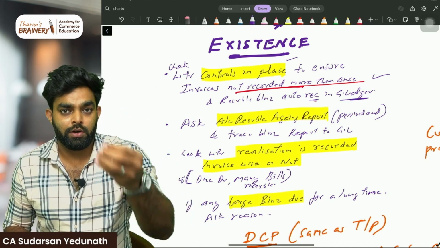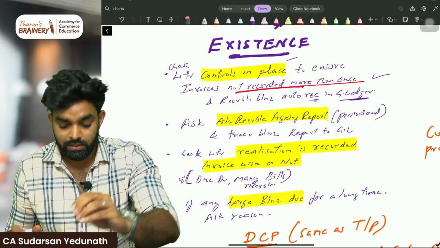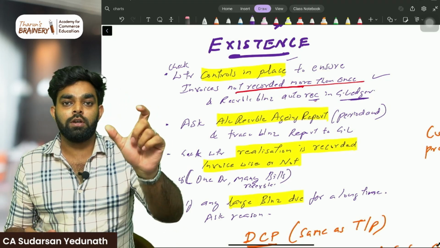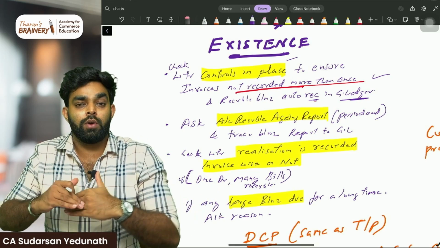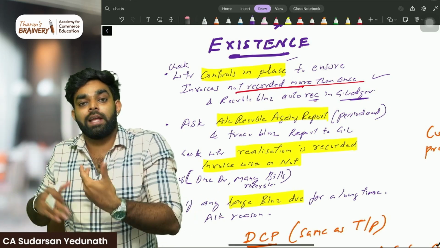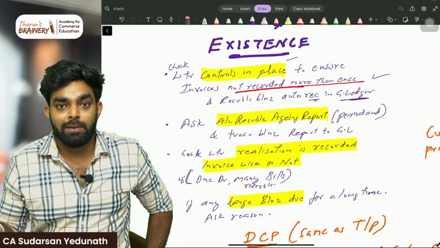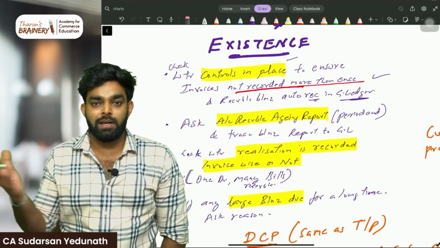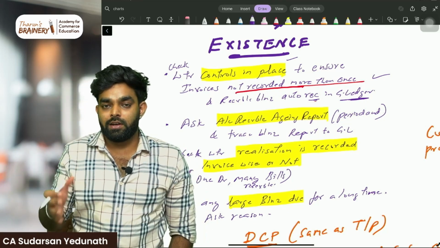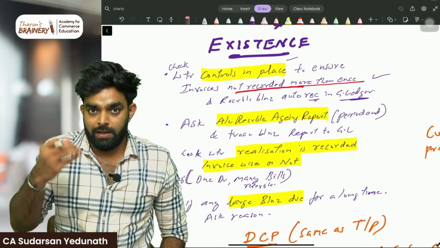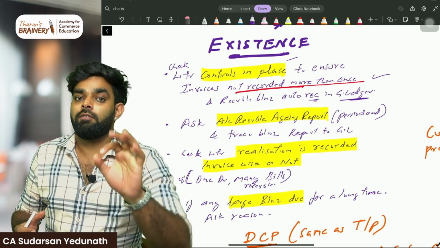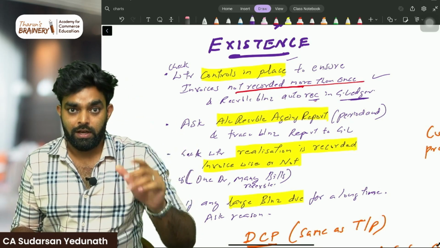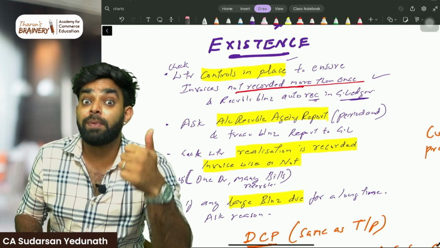I'll tell you what happens: these companies, to inflate their sales, sometimes record one debtor multiple times to get more loan from the bank based on debtors. They try to overstate their debtors, so as an auditor, you have to check whether there are any internal controls to prevent that.